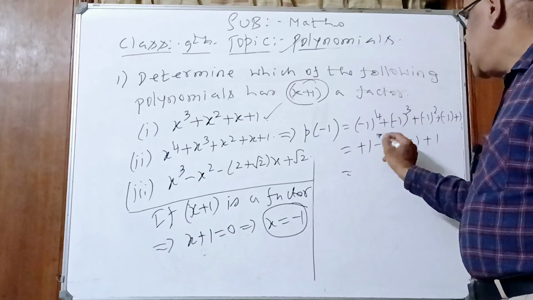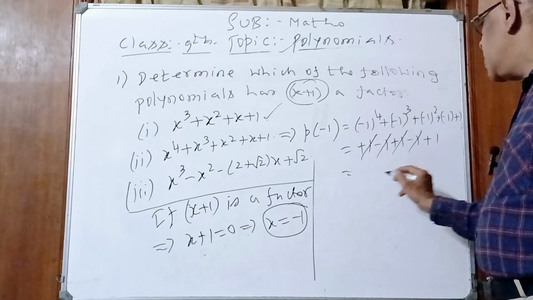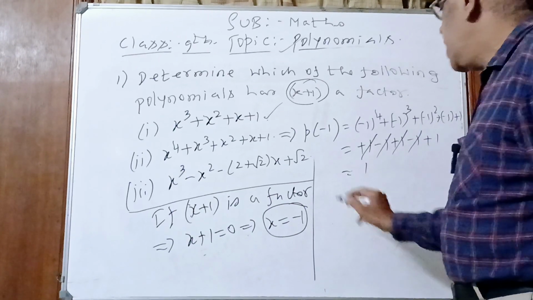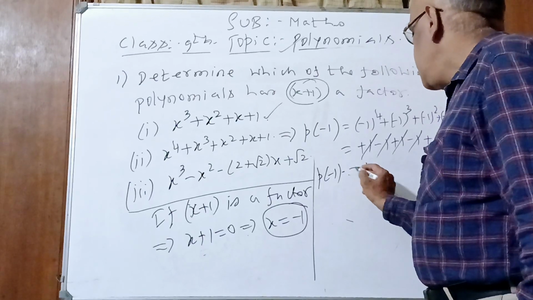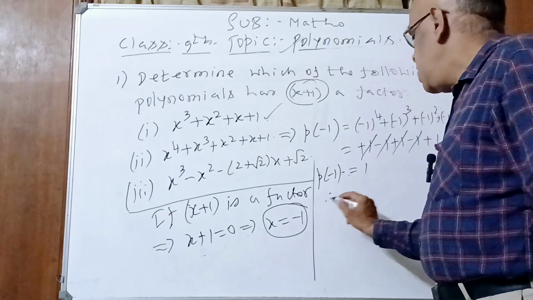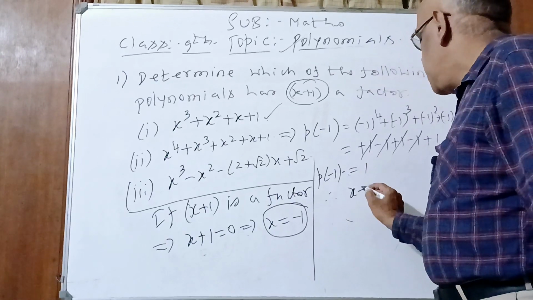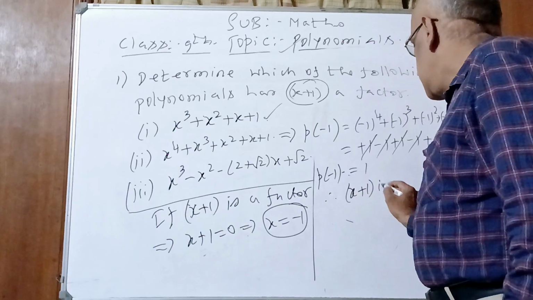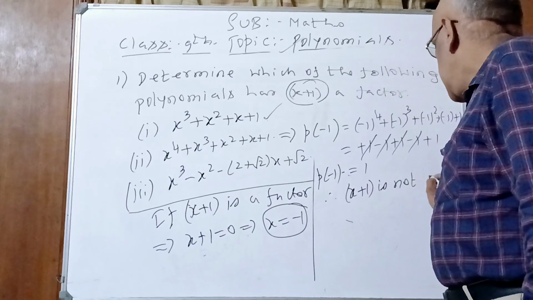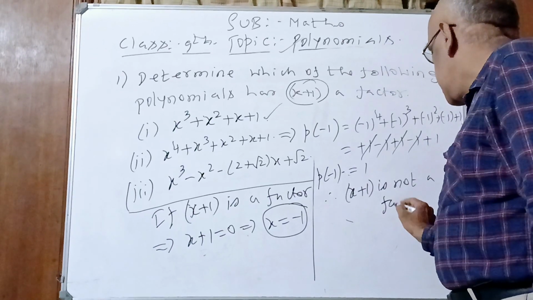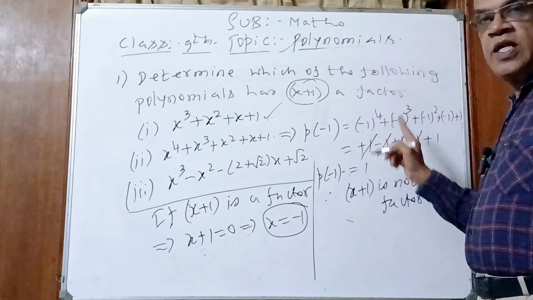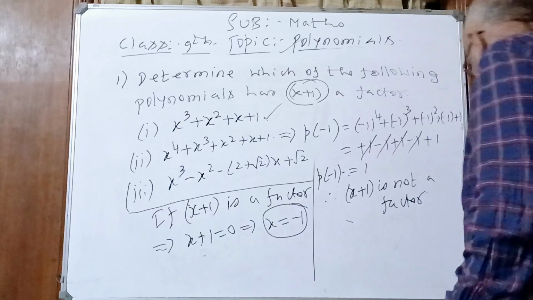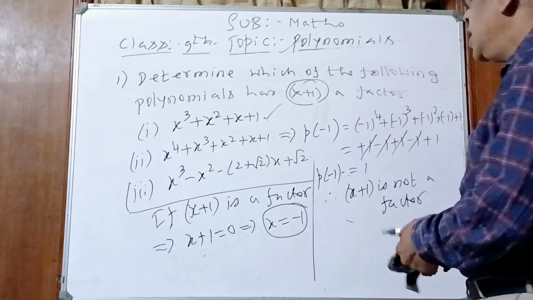What do you get here? Plus 1 minus 1 plus 1 minus 1. What is the answer? 1. P of minus 1 is what, children? 1. Therefore, x plus 1 is not a factor of this polynomial, children. Easy. Then go to the last one.